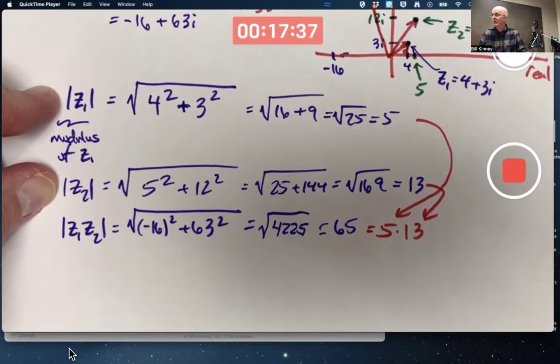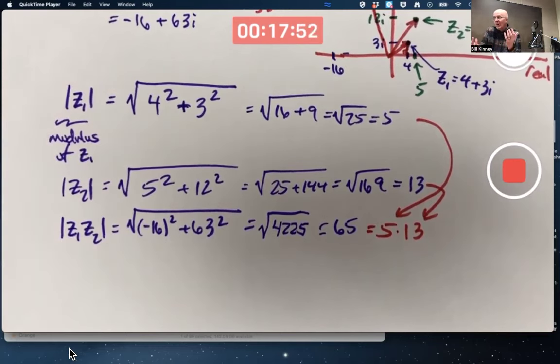This is just like polar coordinates. This is like the r coordinate. And with complex numbers, you multiply the r coordinate of the two factors to get the r coordinate of the product. That should seem kind of cool.